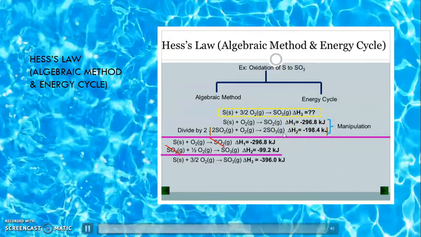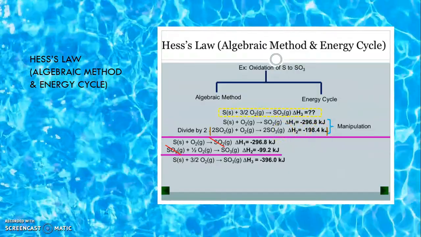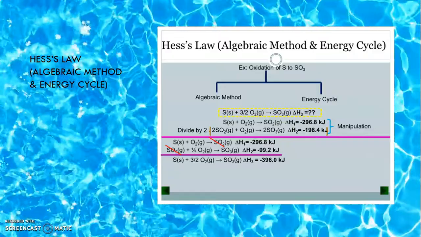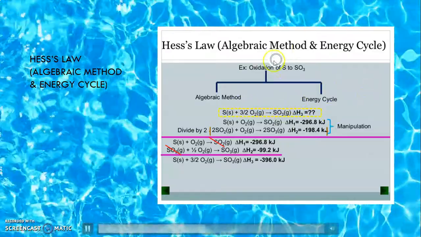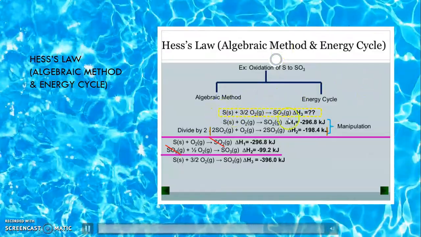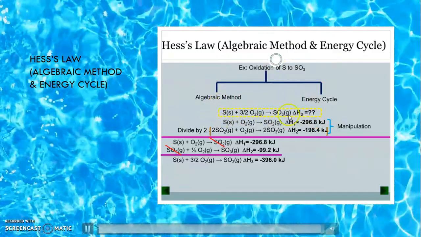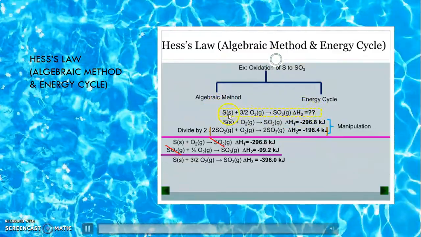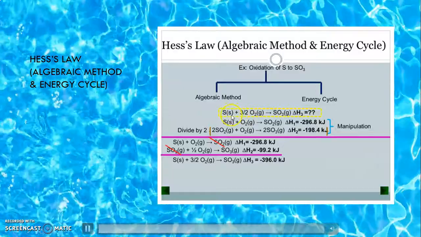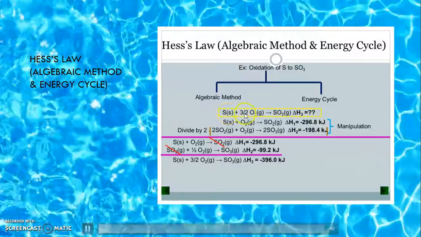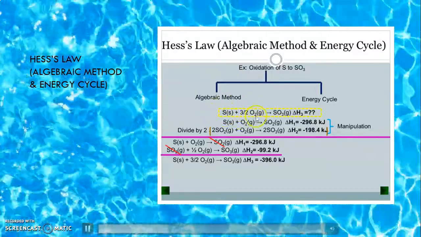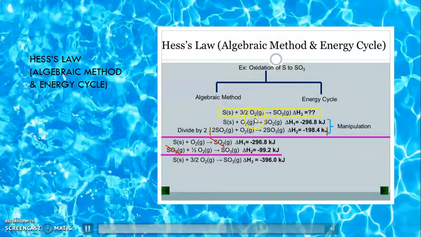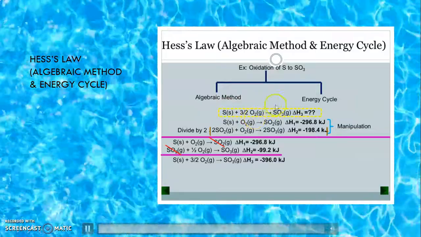Now, basically, the method is that we have to rearrange the equation so that we can get into the final form of the reaction that we want to calculate. If you can see here, we want sulfur and oxygen to be on the reactant side, right? And sulfur trioxide to be on the product side.